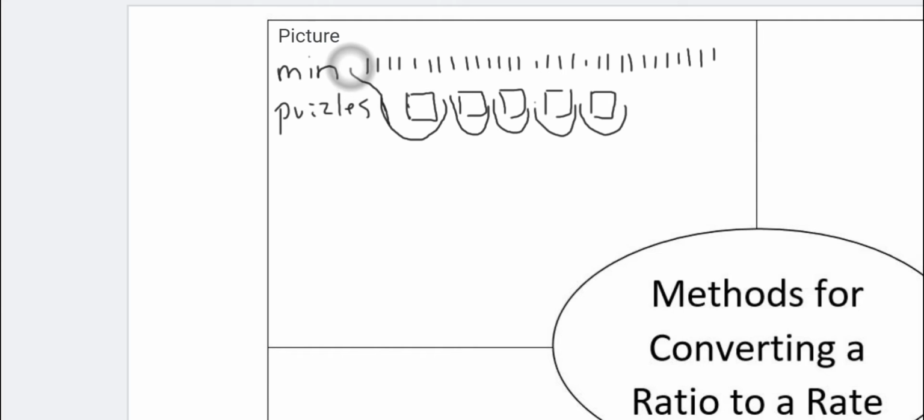That's 1, 2, 3, 4, 5, 6. And then the second group, one puzzle with 6 tick marks, 6 minutes. And I'm going to keep doing this till I get my 5 equal groups.